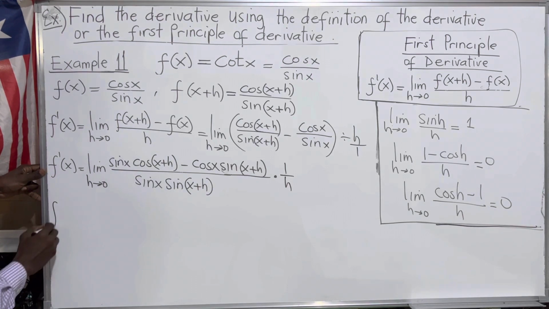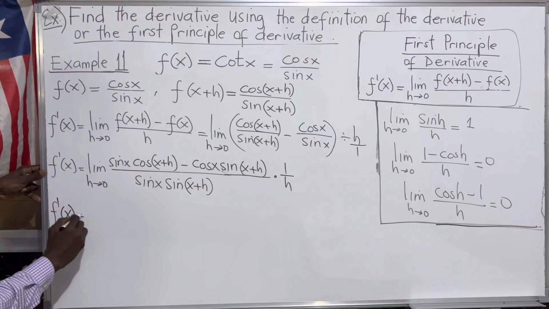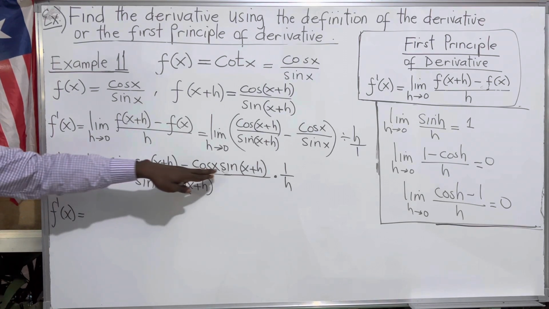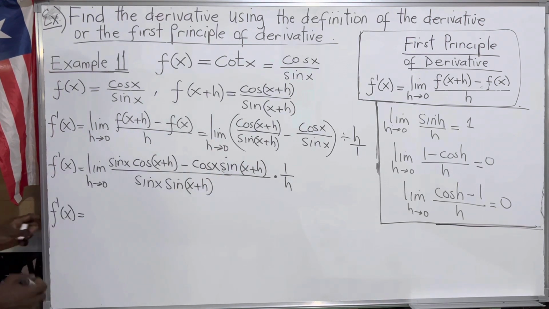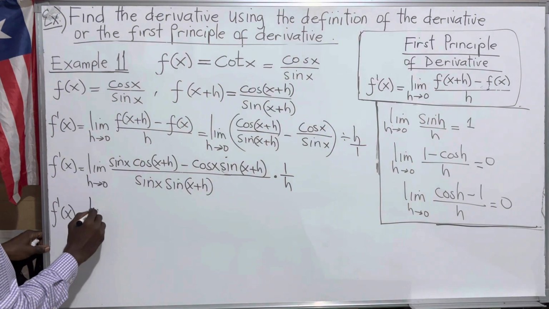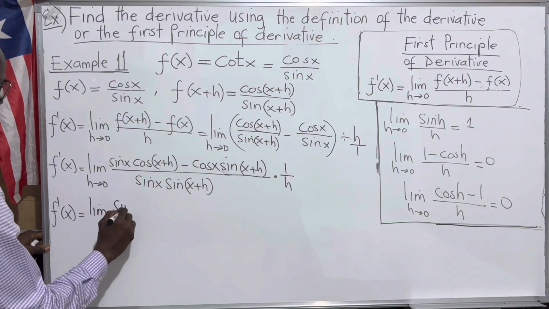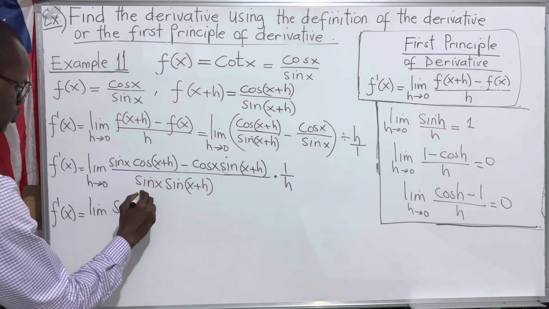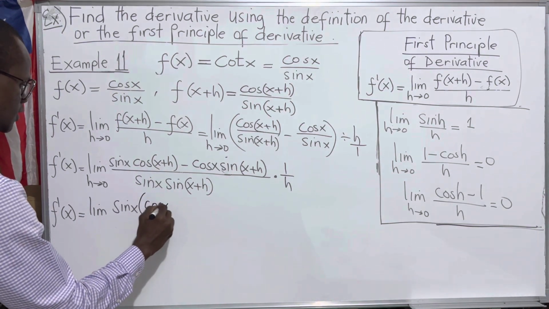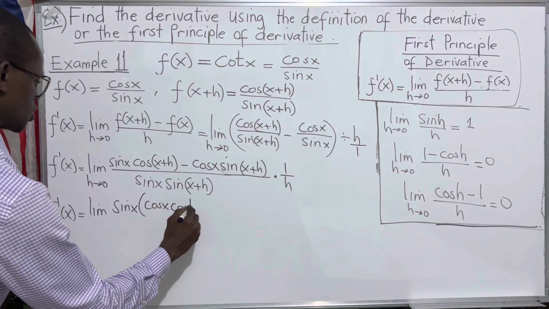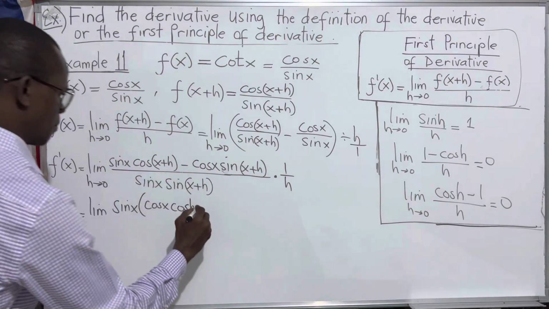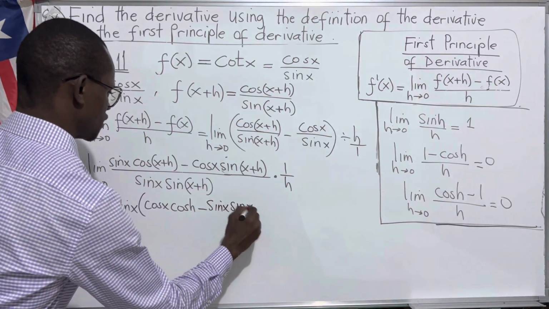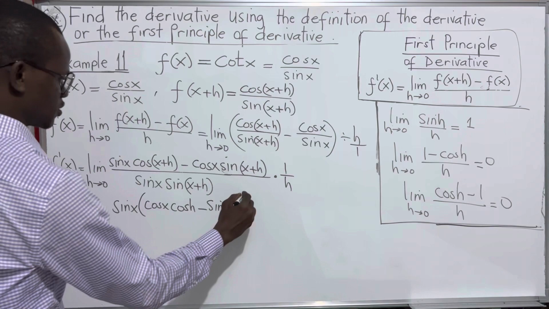So now we are to find the expansion for cos of x plus h and sine of x plus h. So cos of x plus h is just equal to cos of x cos of h minus sine of x sine of h. This will be the expansion for this one.